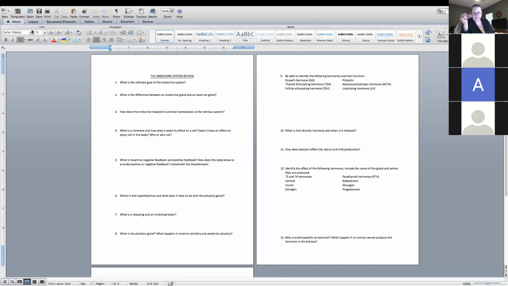The furnace kicks on. Heat is added to your house. The thermostat detects that now we've reached temperature. It sends an inhibiting signal, or it stops the signal to the furnace, and the furnace turns off. So if anybody does not understand this positive, negative feedback, please say something or let me know.